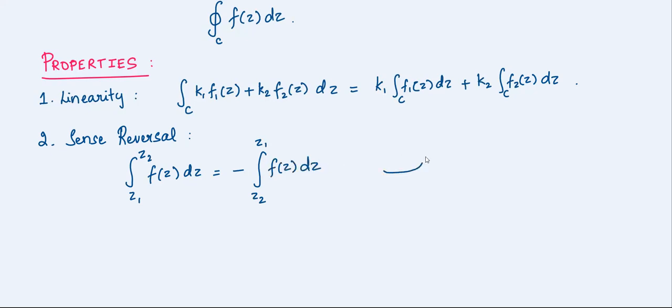So in a complex plane, whatever the path is, this is Z1, this is Z2.